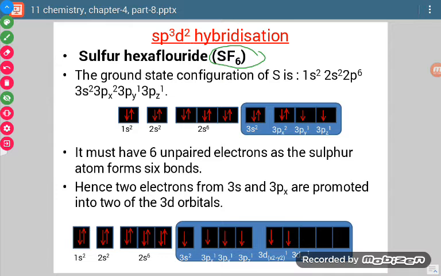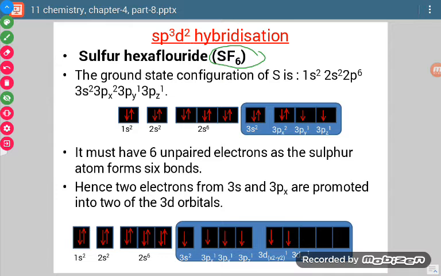Those 6 orbitals are arranged in an octahedral fashion, so a molecule in which the central atom undergoes sp3d2 hybridization will have octahedral geometry.